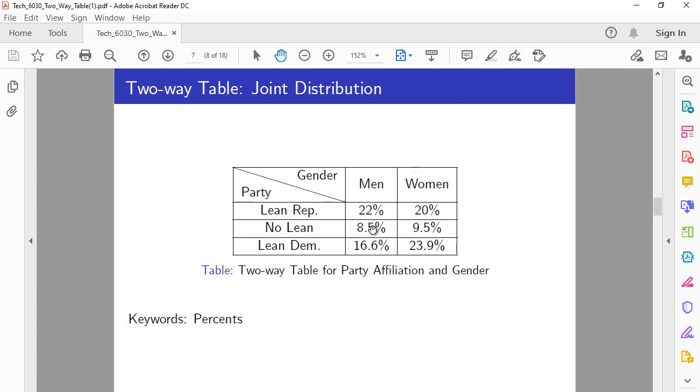So this is telling me that 22% of the adults were men and they preferred the Republican Party. 20% of the adults were women who preferred the Republican Party. 23.9% of the adults were women and preferred the Democratic Party. These percents give us a little bit of a better idea about the relationship between the two variables.